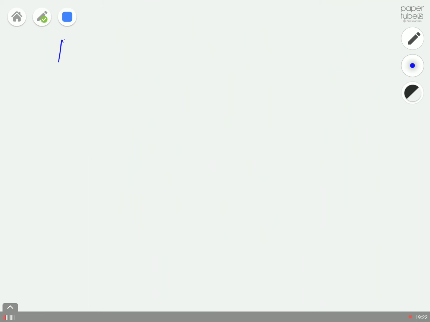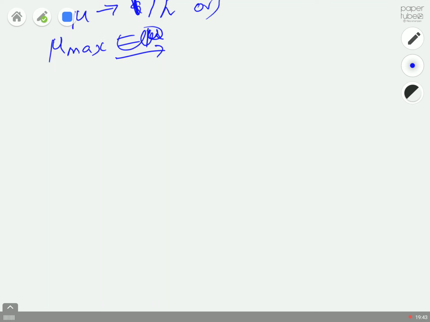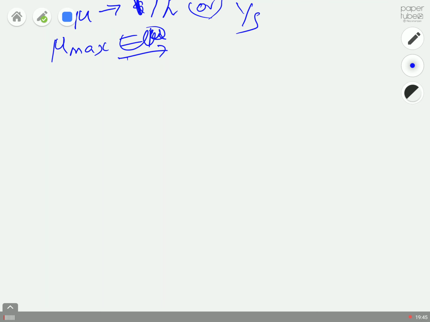And your mu max is equal to your specific growth rate, or maximum specific growth rate, so the unit should be equal to the unit of your specific growth rate. If your specific growth rate is expressed in, say, 1 by hour or 1 by second, then your mu max should be expressed in terms of 1 by hour or 1 by second. So same units. Yeah?